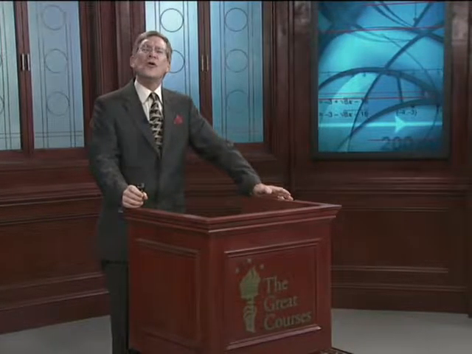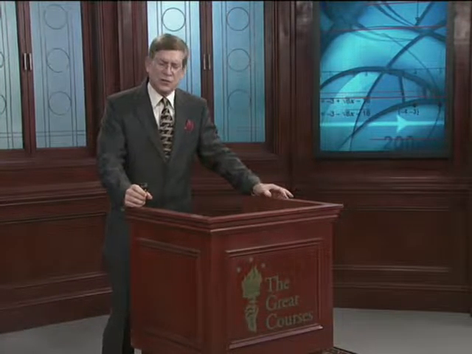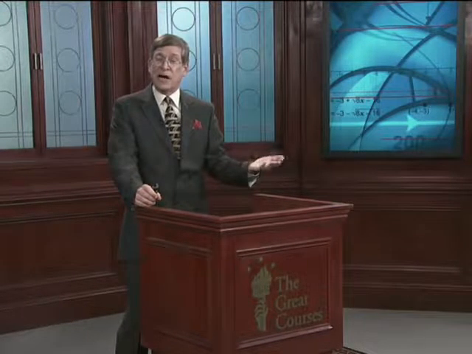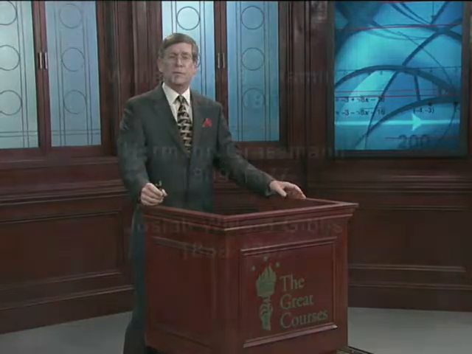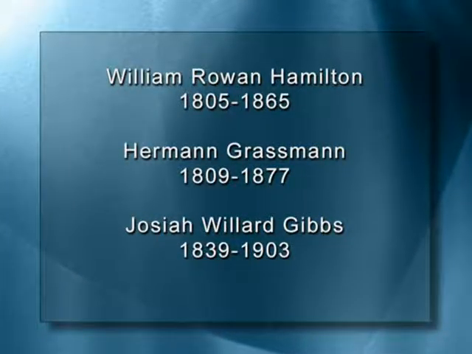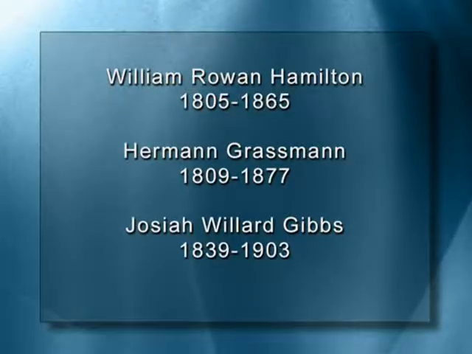Okay. So where did all these vectors come from? Well, it has a long, complicated history. Let me just name three mathematicians that worked a lot in what we call vector calculus and the development of the theory of vectors. Hamilton, an Irish mathematician, Grassmann, the German mathematician, and the American Joshua Willard Gibbs all had a lot of input into developing vectors.